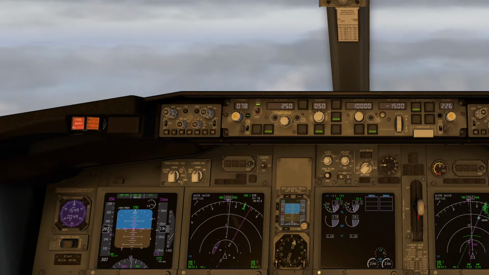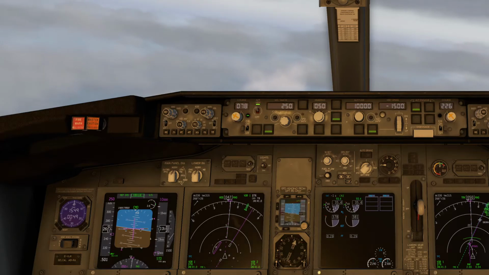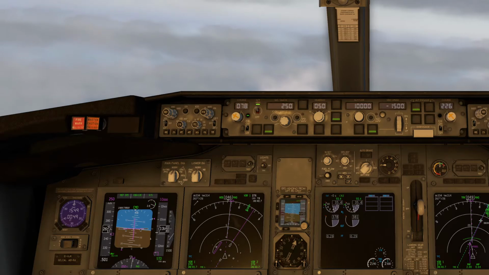So Strasbourg is now 42 nautical miles, and we are passing flight level 133 for flight level 100, and it looks like we are now intercepting the 078 course towards Strasbourg.